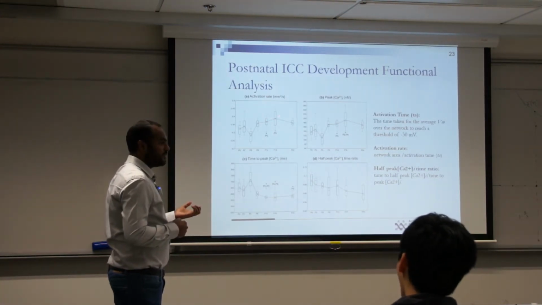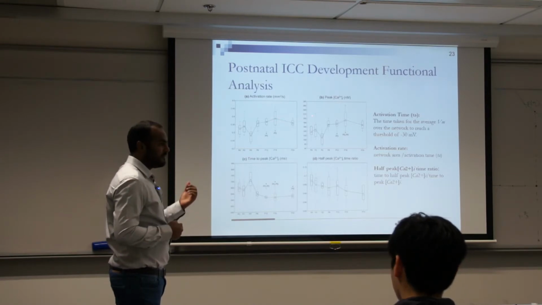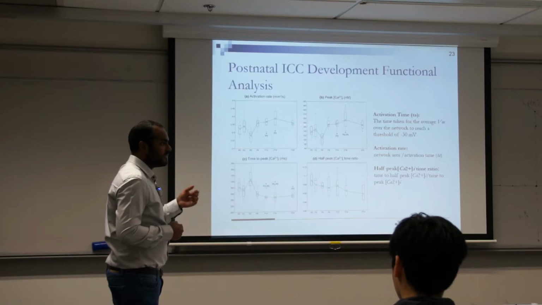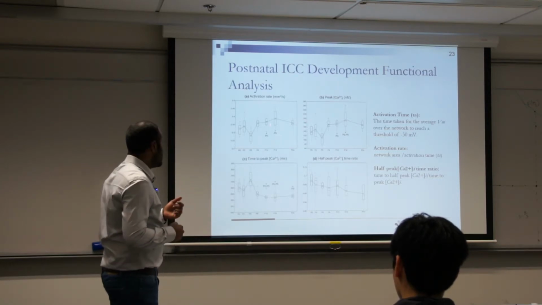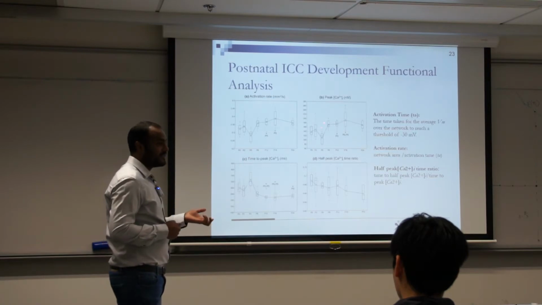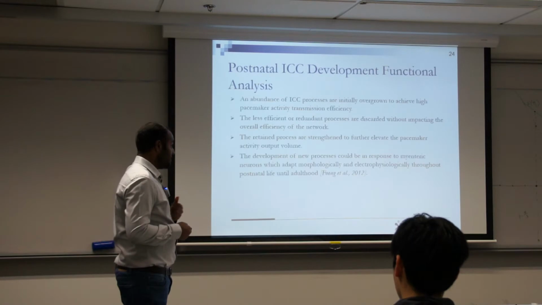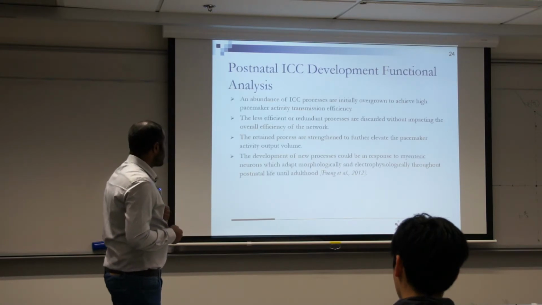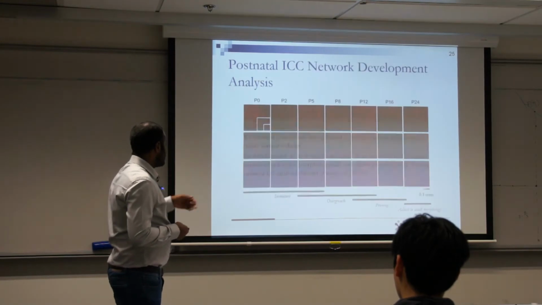So it is actually doing the same thing. While maintaining the efficiency, it is removing the excess ICC processes that were in there. So it suggests that there is indeed a pruning-like mechanism happening inside the ICC networks. So that summarizes what's drawn here.